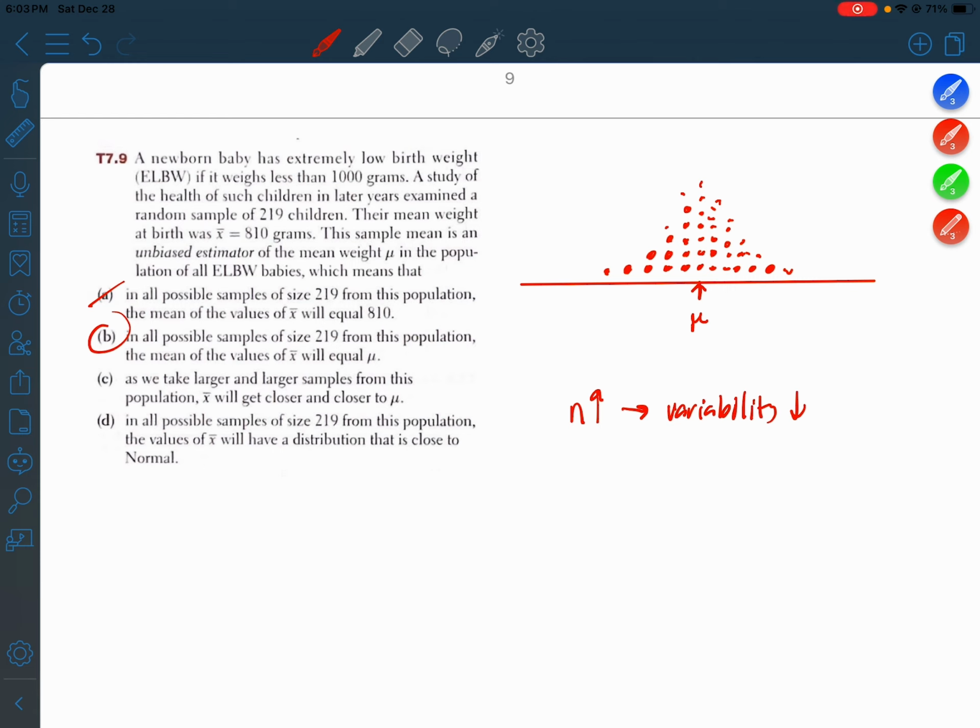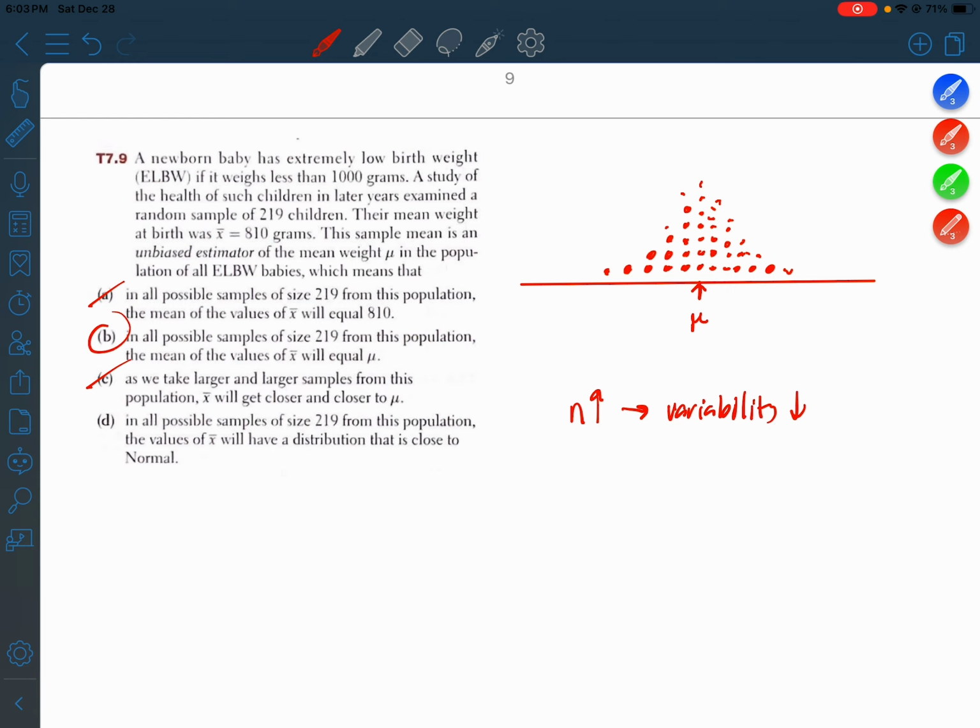Okay, but this statement has more to do with the sample size, and the question is really focusing on what it means to be unbiased. So even though C is a true statement, it's not describing biased versus unbiased. Okay, so cross off C.